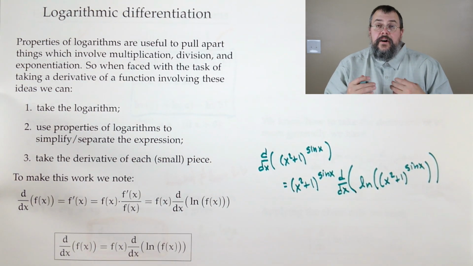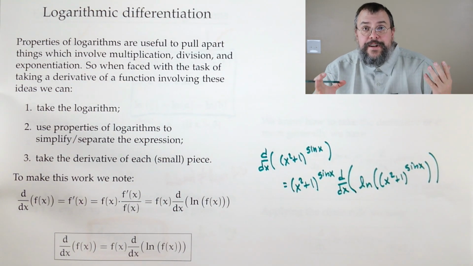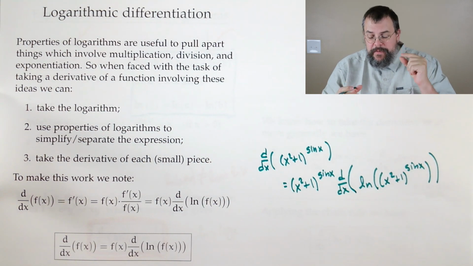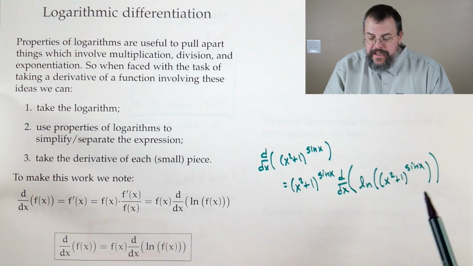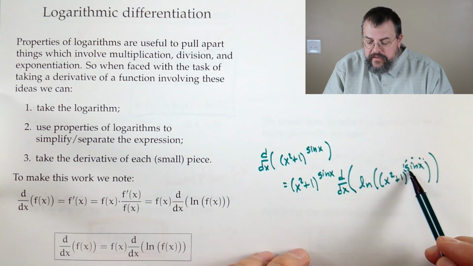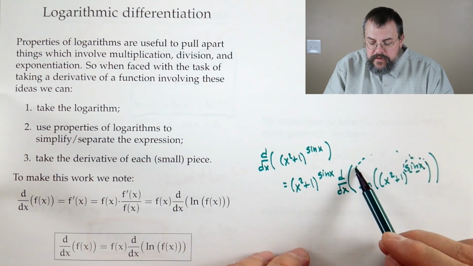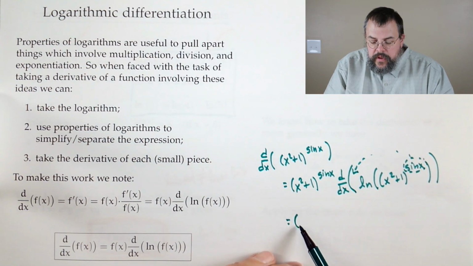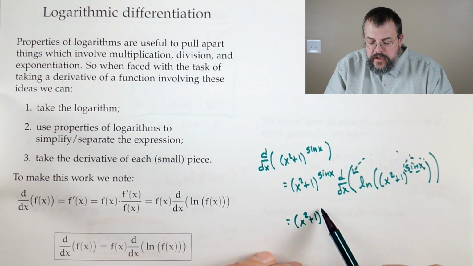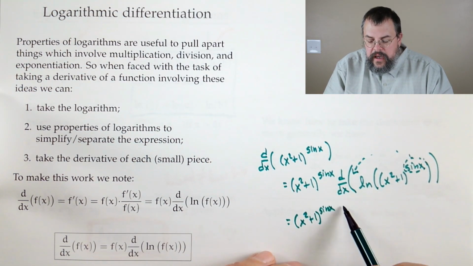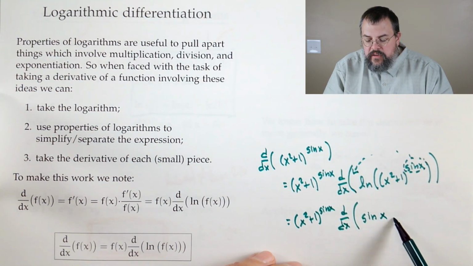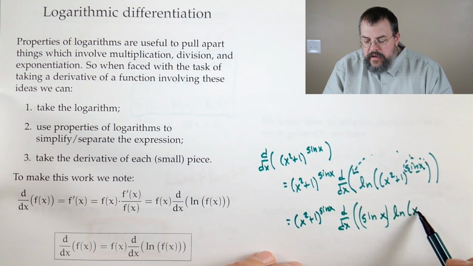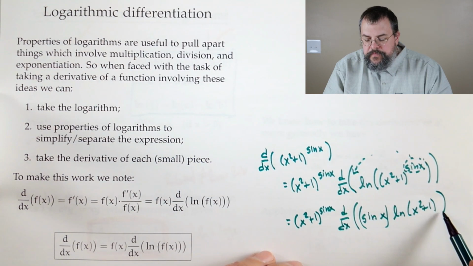All right, now, so far it doesn't seem like we've gained much, but we have gained a little bit because we can use the properties of log. In particular, the sine of x term here can come down. So again, the logarithmic part is just saying, hey, by using properties of logs, you can make things simpler to work with. So you end up with sine of x times a natural log of x squared plus 1.